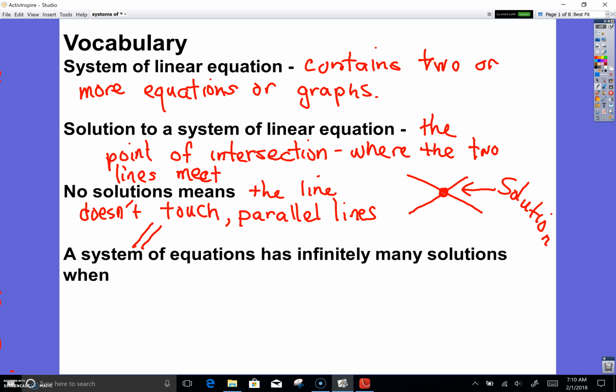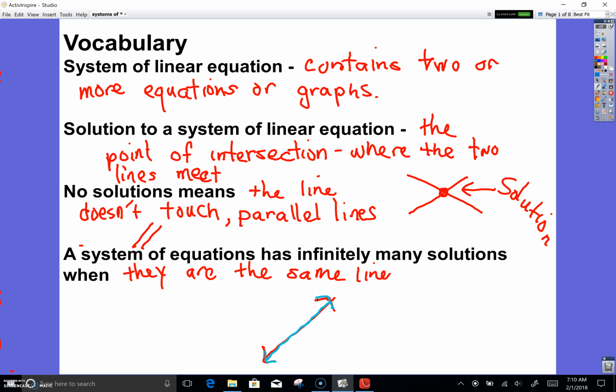A system of equations has infinitely many solutions when they are the same line. For example, if I have a line here, and I have, let's just change color here, another line right on top of it.